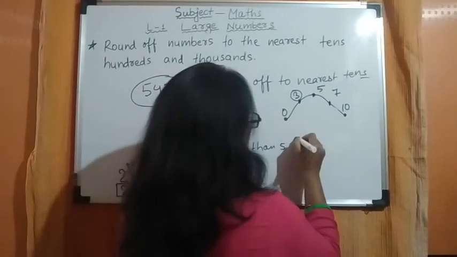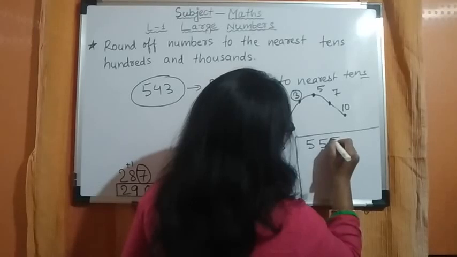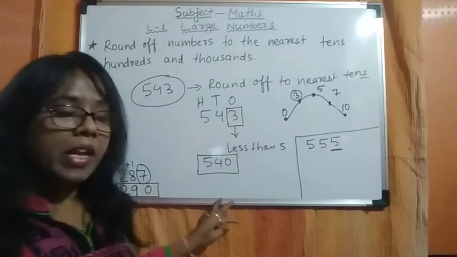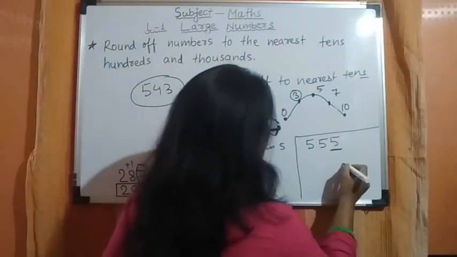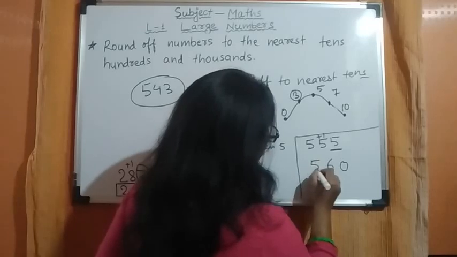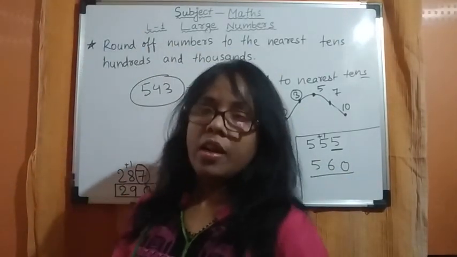Like one more example. Here it is 555. Now see, here at 1's place 5 is there. So we will put here 0 and here we will add 1. So it will be 560 after rounding off to nearest 10. Fine.